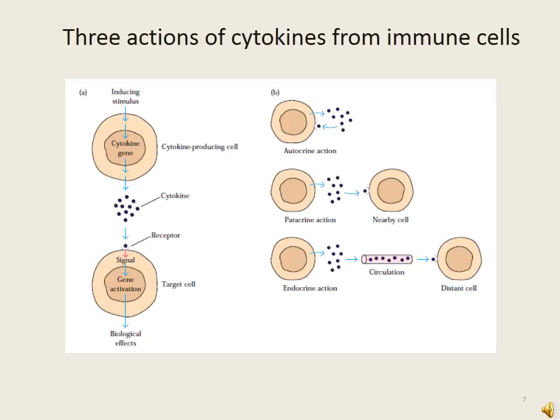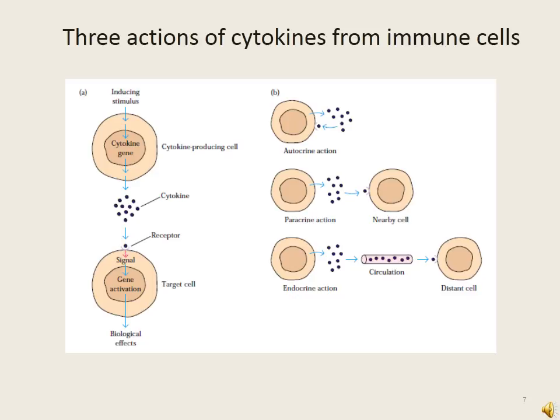The first one, at the top figure of B, is when the cytokine producing cell releases cytokines and uses these cytokines for itself. This is called the autocrine action, okay?